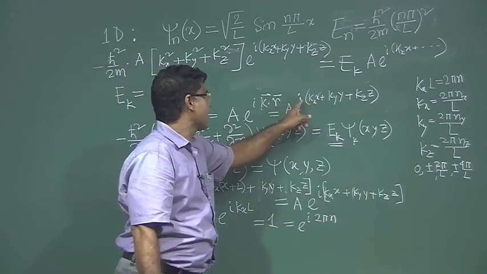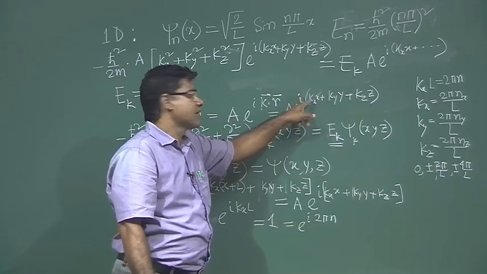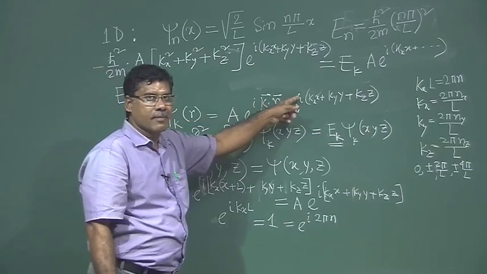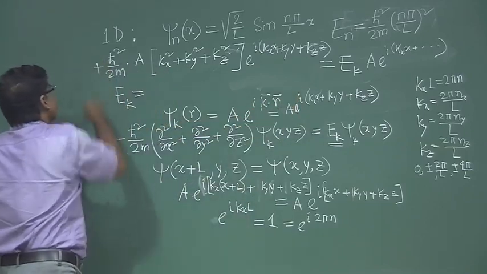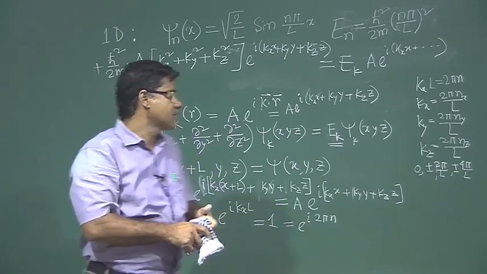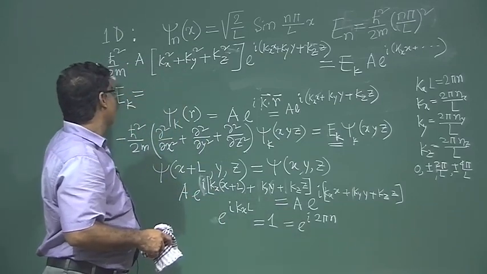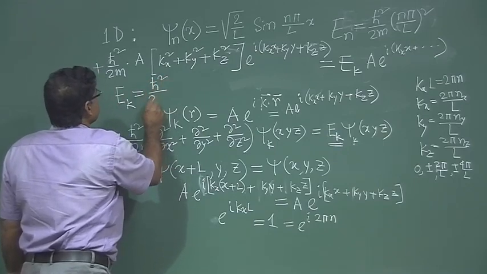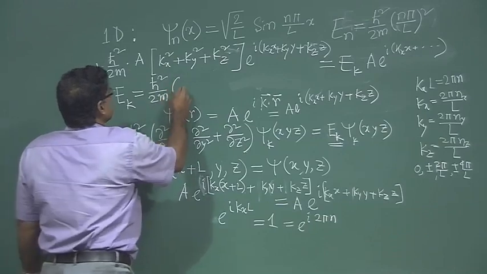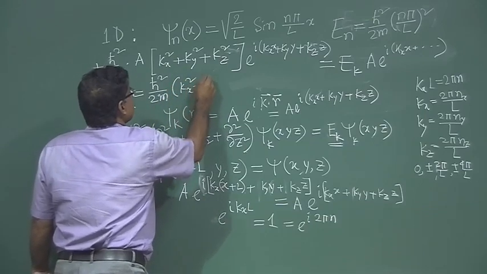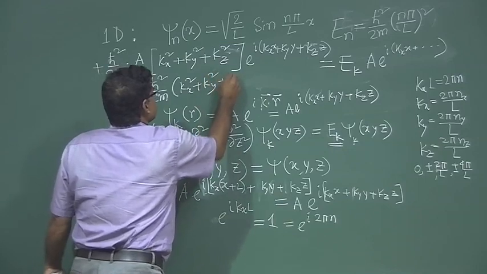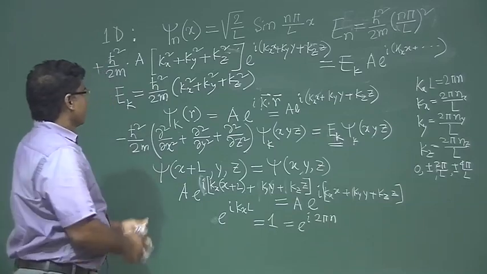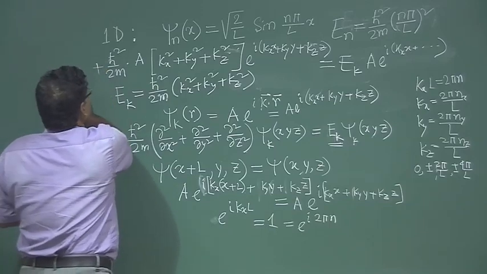When you differentiate i k_x, so twice i k, so i square is minus 1, so minus 1 minus 1 minus 1, and this minus plus. So, it will be h cross square by 2m (k_x square plus k_y square plus k_z square), right. So, that will be the energy.